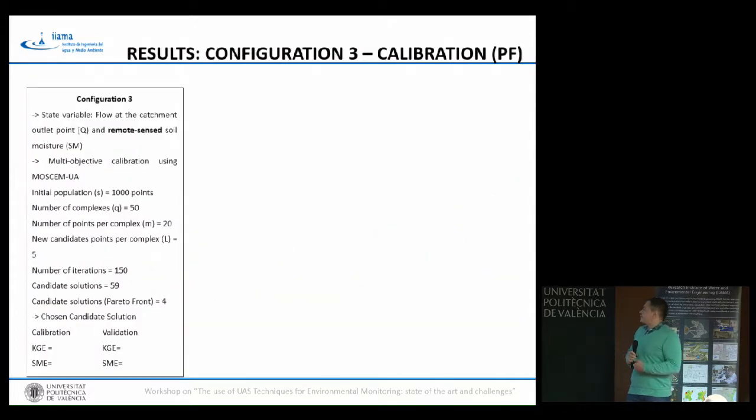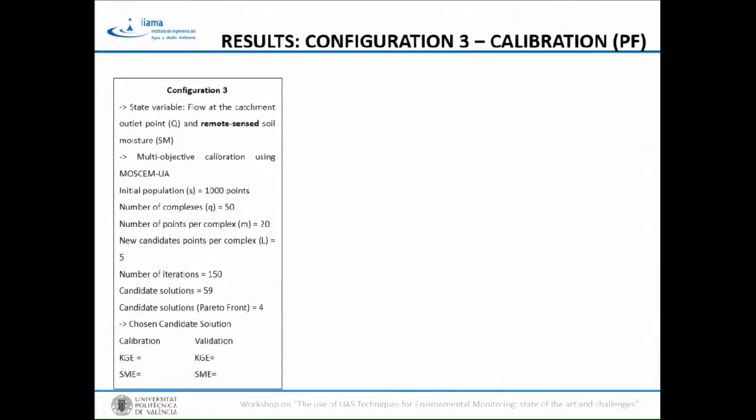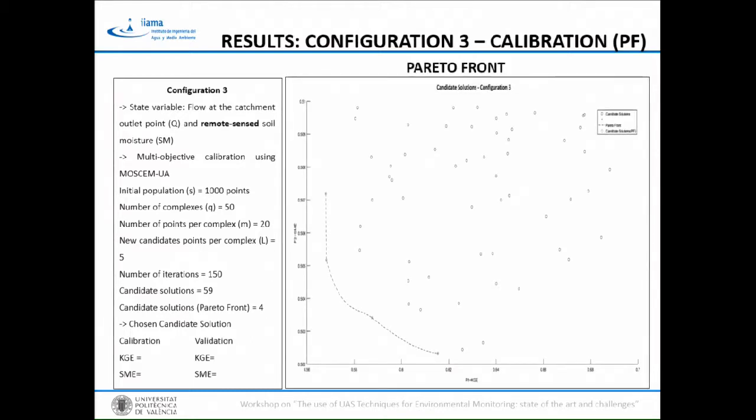Now, finally, the third configuration. The algorithm was set up the same as the second configuration, but after 40,000 simulations, we got 59 candidate solutions, and from these 59, 4 are part of the Pareto front, as we can see in the next picture.